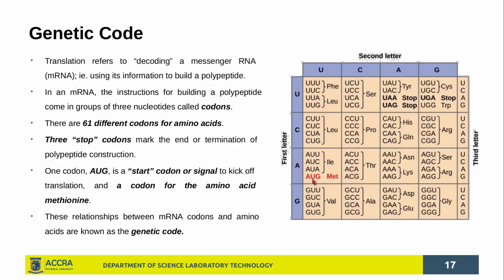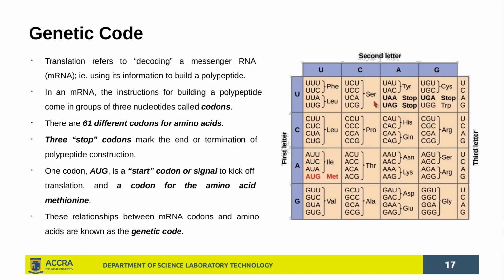You see this red one, which is AUG, meaning adenosine, uridine, guanosine. This sequence of 3 nucleotides together, this triplet, corresponds to the amino acid methionine, and it is always the first to start the synthesis of a polypeptide chain, and this is referred to as the start codon.